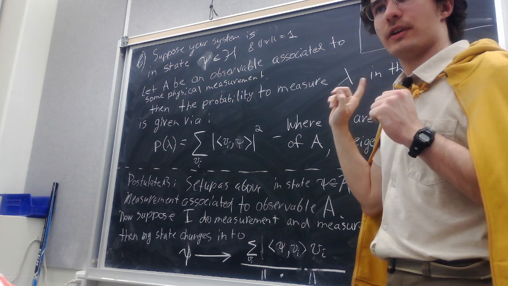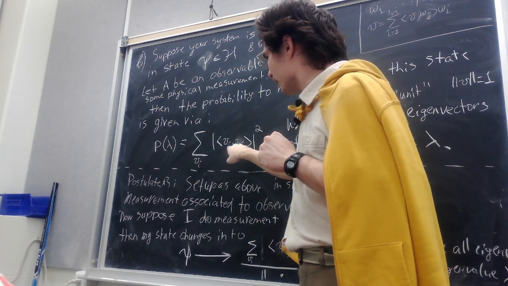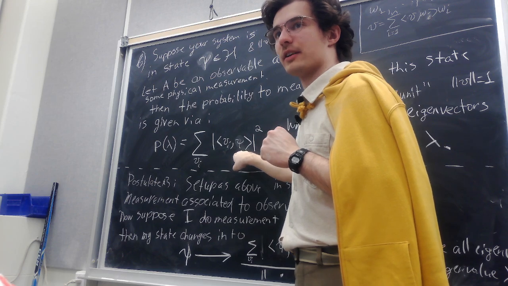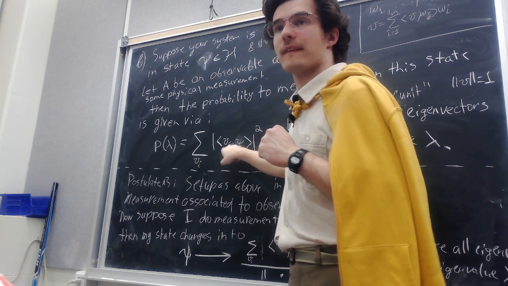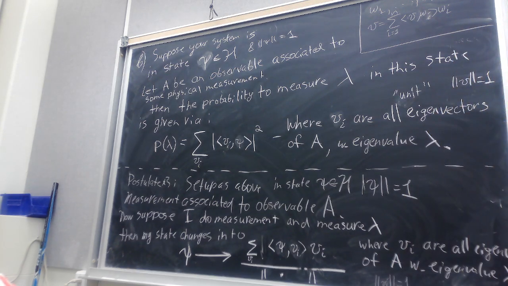Let's also very briefly look at this. So Vi inner product psi, right? What is this? This is the coefficient in front of the expansion of psi in terms of this basis.